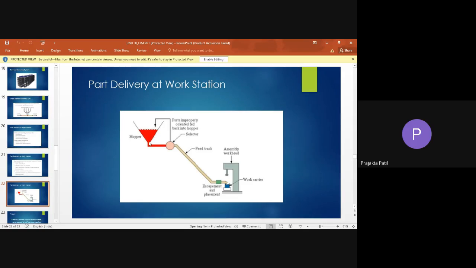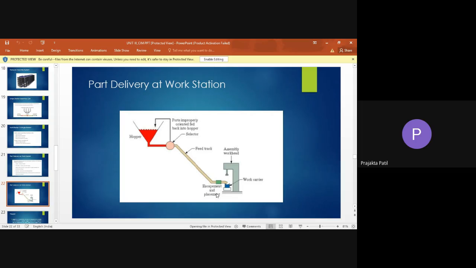Just don't take this as some overhead tank with a flow pipe attached and something going on. No, this is not actually how things are in the assembly line. There is just this hopper in place which helps you hold all the parts that need to be assembled, and those then are sent into the selector. The selector takes the parts from this hopper, and then it goes into the feed track. It will correctly orient it and then send it ahead.